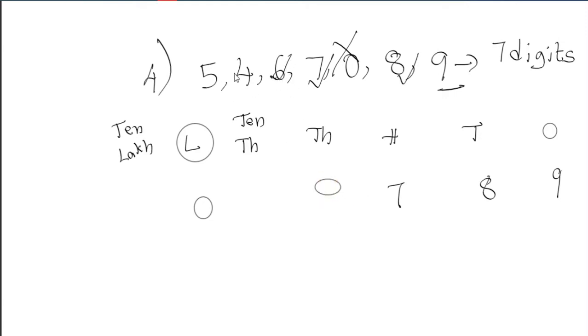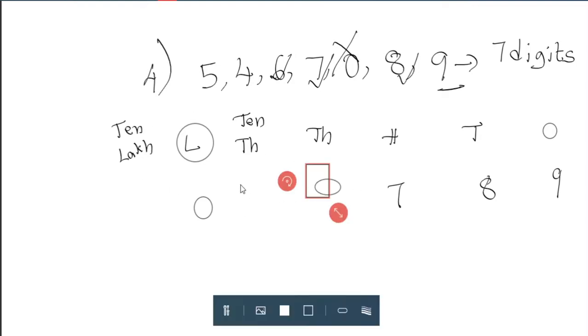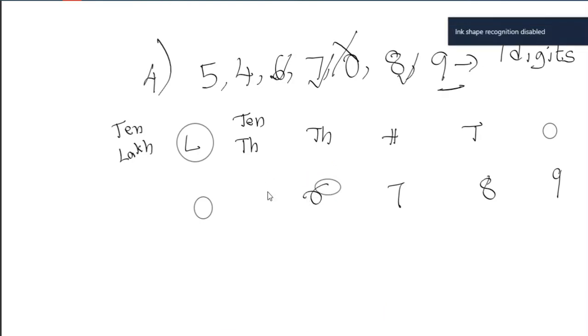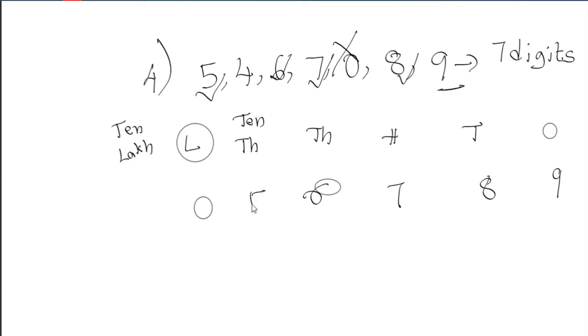Then 5 in 10,000 place. Next greater number is 5, and 0 is already occupied in the lakhs place.